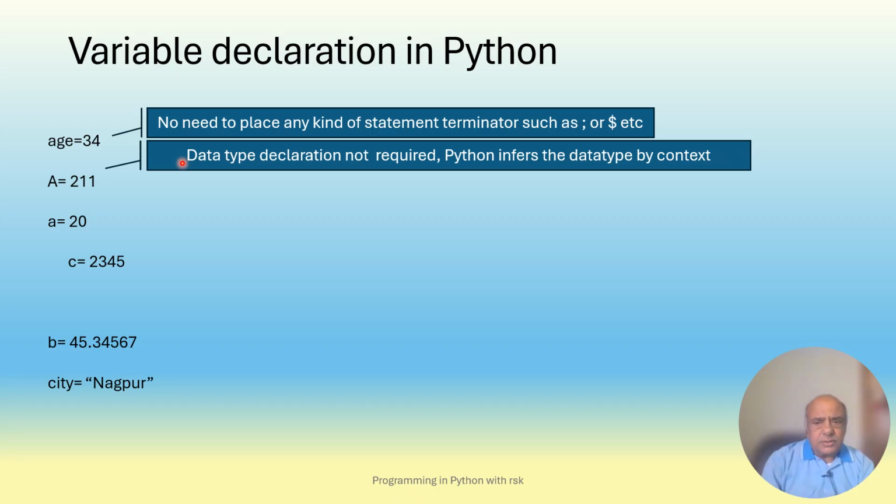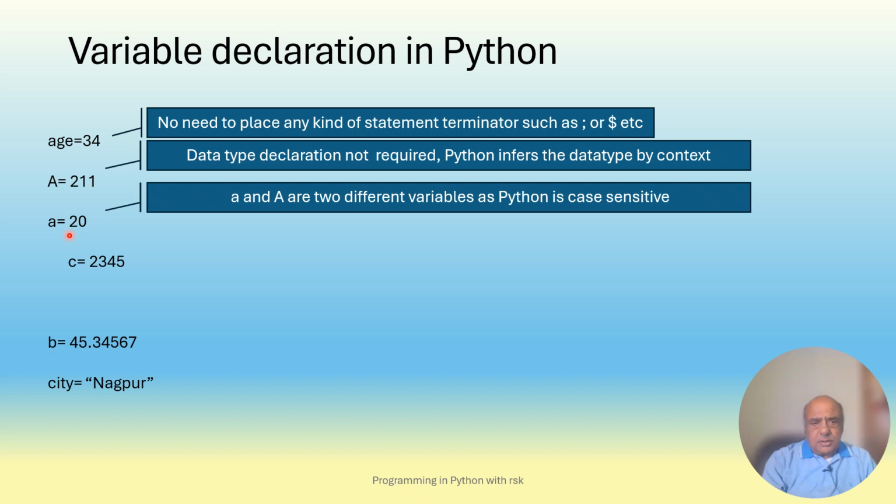Another thing we can see here is that no data type declaration has been made. Age is equal to 35, age is equal to 211. Why no data type declaration? Because Python infers the data type by the context in which that particular data is being used in the program.